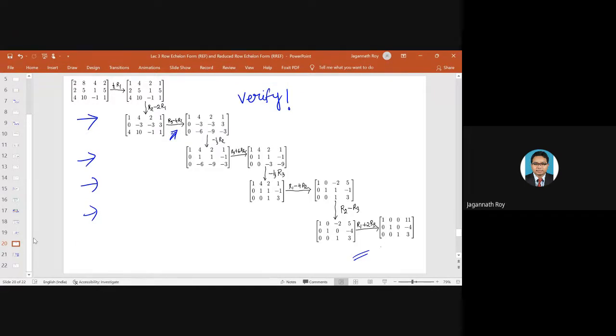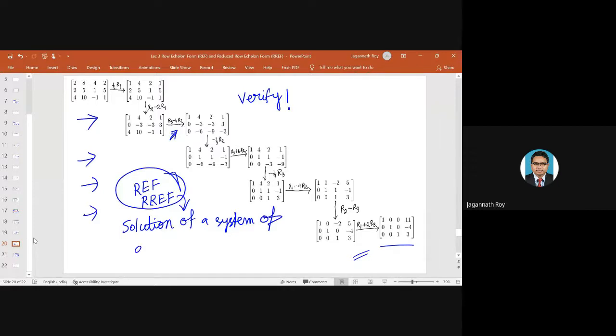Now this idea of RREF will be very, very interesting to know, because next time we will solve systems. This REF and RREF idea will be helpful for finding the solution of a system of linear equations.